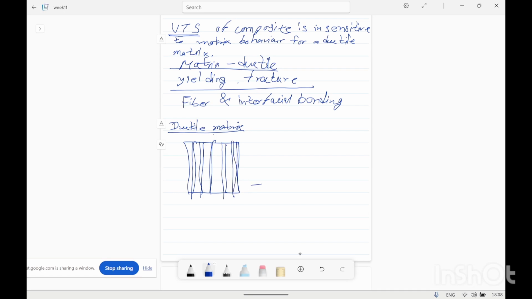So they can fracture before the yielding starts in the matrix.